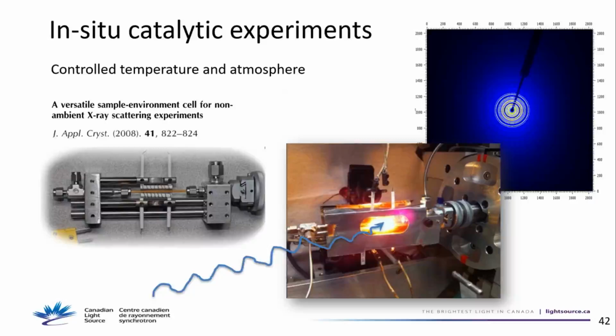What's the highest pressure you can work with? We have diamond anvil cells that I didn't show here. There's a large variation, but I think 20 gigapascals. It's pretty big. Now the samples are tiny, because there's two diamonds that you press.